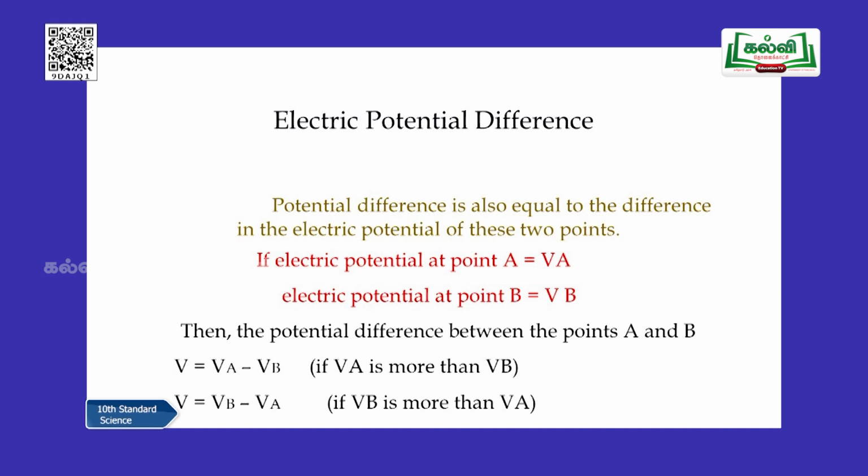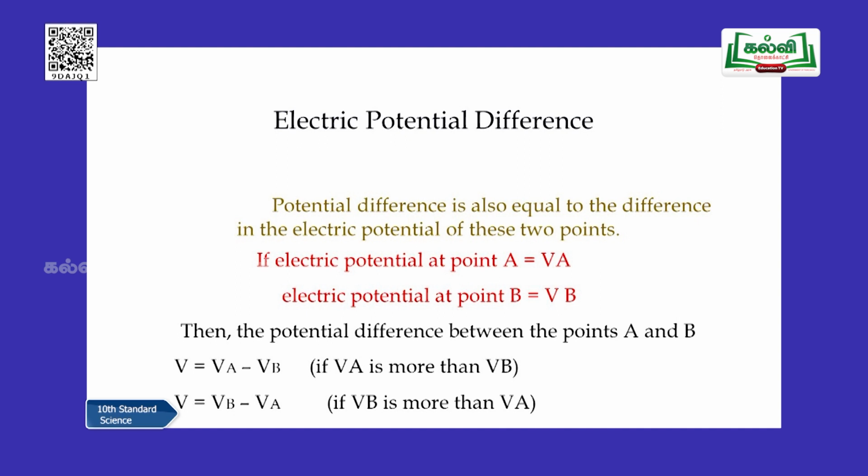Potential difference is also equal to the difference in electric potential of these 2 points. This point I already told you: when we move a charge from point A to B, there is a loss in the potential. That is the difference. Electric potential at point A is VA, electric potential at point B is VB.